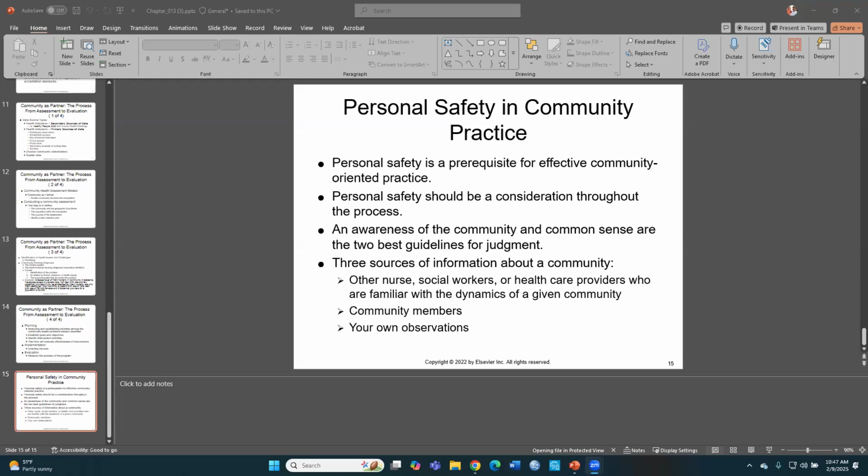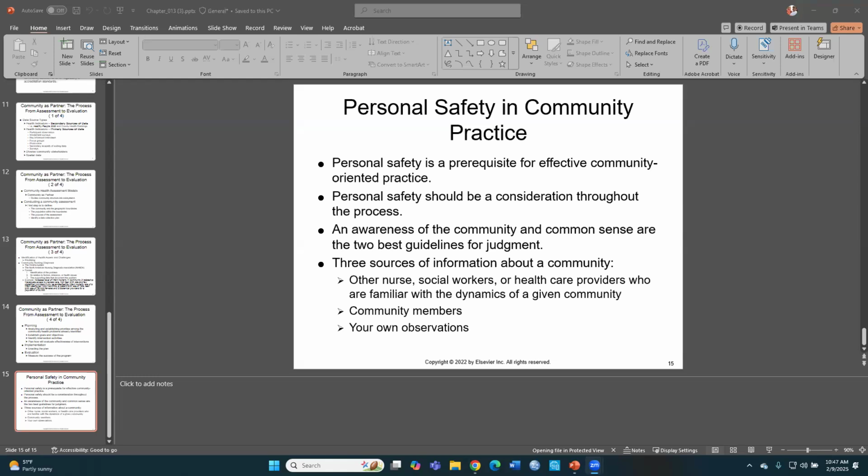Other things, sources of information about the community will be others that work in the community, whether it's other nurses, social workers, or healthcare providers, who can give information about a community. Community members, again, through interviews, going out and talking with the community, will give you an idea of what's going on.